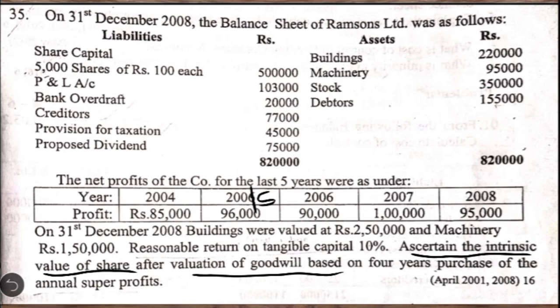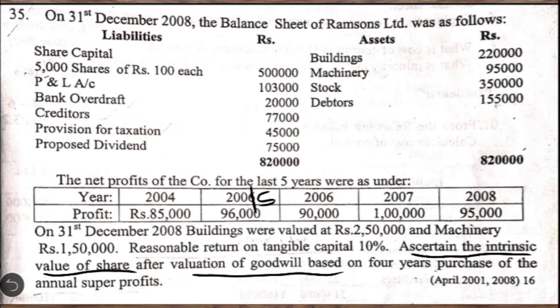Okay, so you have seen in the second chapter, that is valuation of goodwill, how do we value the goodwill under super profit method. There are 6 steps. In the first step we calculate capital employed in the business at the end of the year. Then in the second step we calculate what is the average capital employed by deducting half of the current year's operating profit. And then in the third step we calculate what is the normal return.